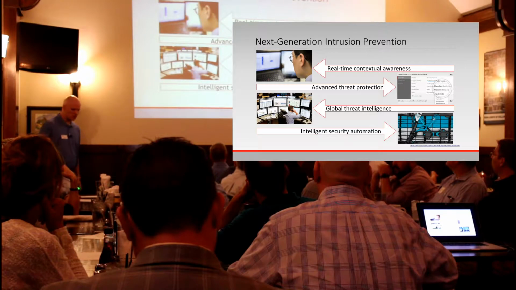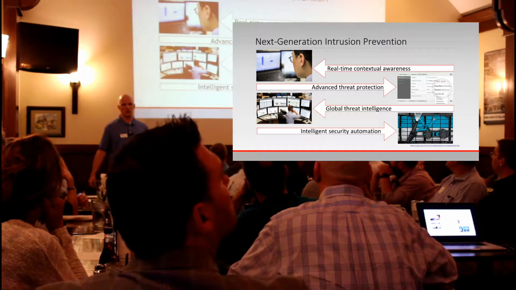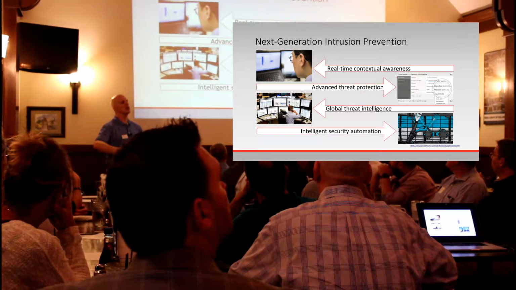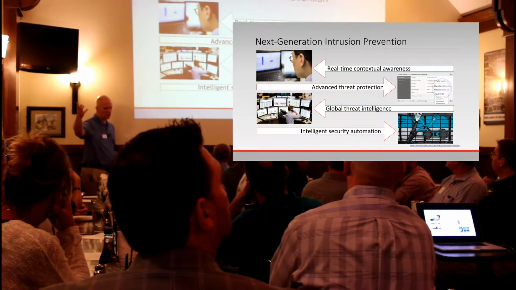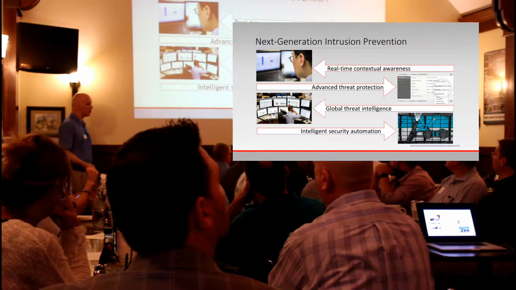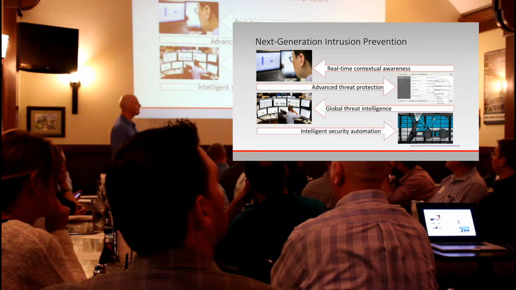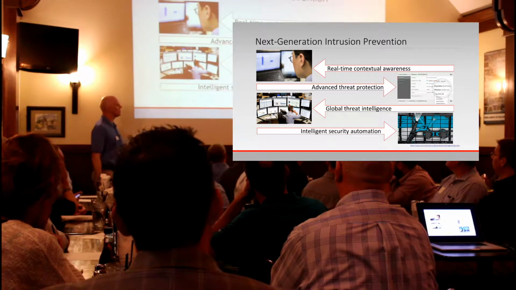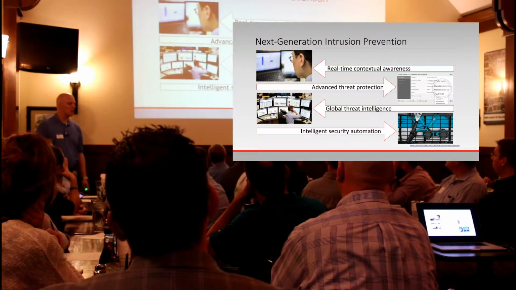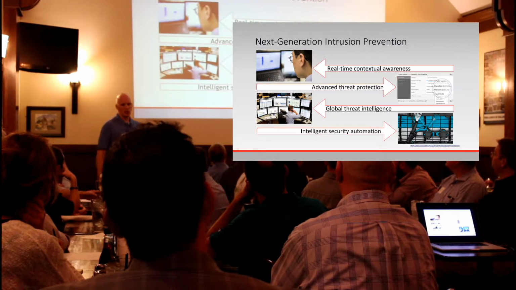Advanced threat protection speaks to the fact that it does still use a global threat intelligence database, and can pull updates of all these rules from an intelligence database, so you can come closer to mitigating zero-day threats. Sort of a false term, but global threat intelligence and intelligent security automation. Again, when you reduce your false positives, you can more accurately mitigate these threats.